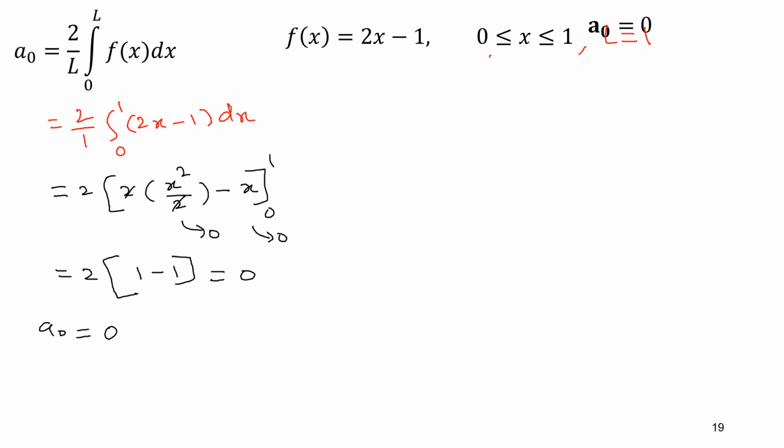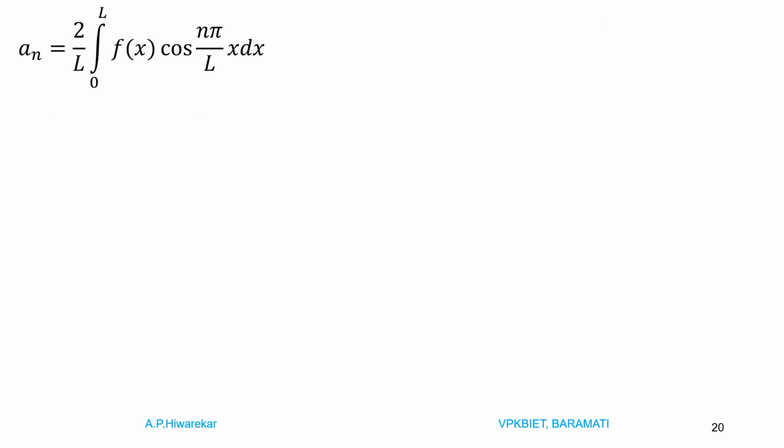Then after that we will find the value of an, which is given by an = 2/l integral 0 to l f(x) cos(n pi x / l) dx, where f(x) is 2x minus 1 and l is 1.